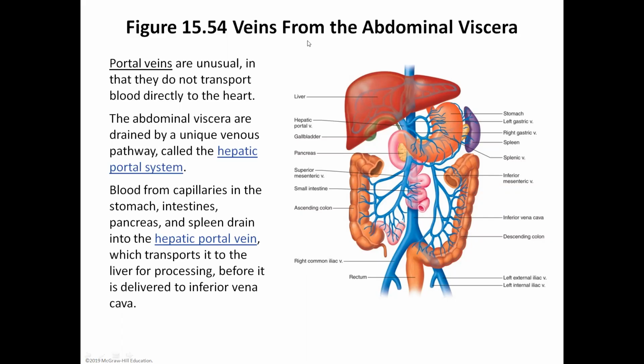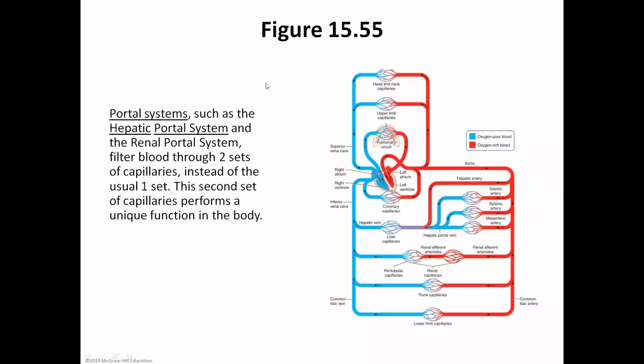That's what we're noticing here: we have this hepatic portal vein, and it's going to transport blood to the liver. We're going to make sure that everything is good to go, and then it can finally go back out to the inferior vena cava and back to the right atrium. So when we think about the portal systems, especially the hepatic portal system, the idea is that you're filtering blood. We also have this in the renal system as well, so we're going to talk more about that coming up very soon.